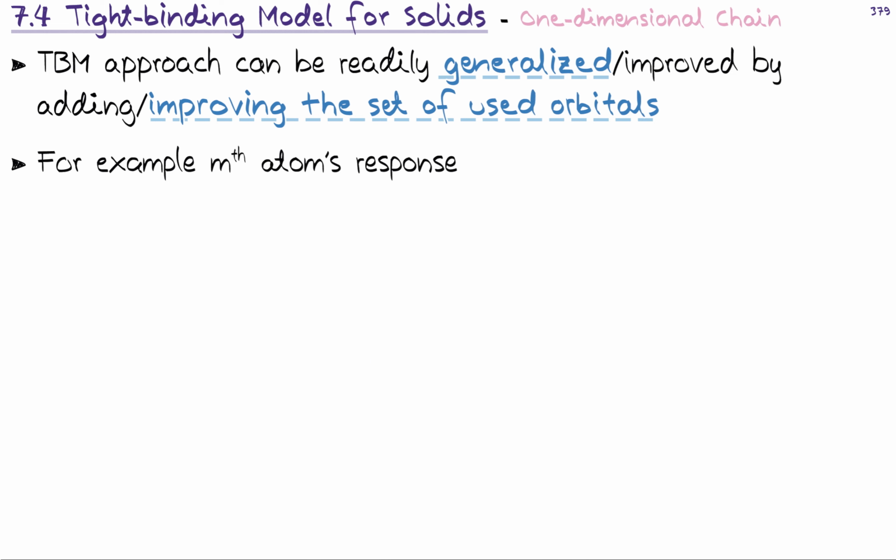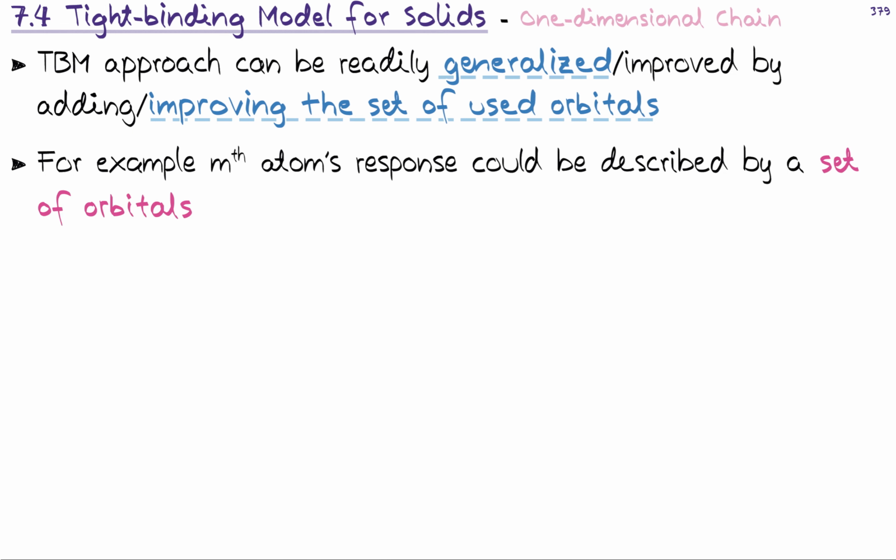So for example, for the mth atom's response, we could use a set of orbitals to describe where the electron is. We could use an alpha term corresponding to an electron being in an s orbital, or something resembling an s orbital's electron wave function, or something resembling an electron in a p orbital or a d orbital, and so forth.